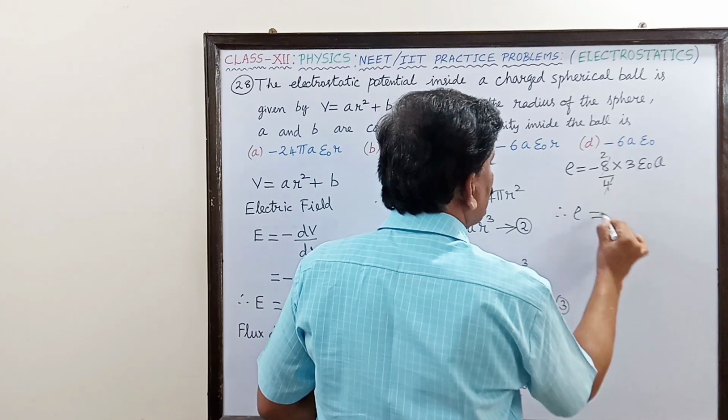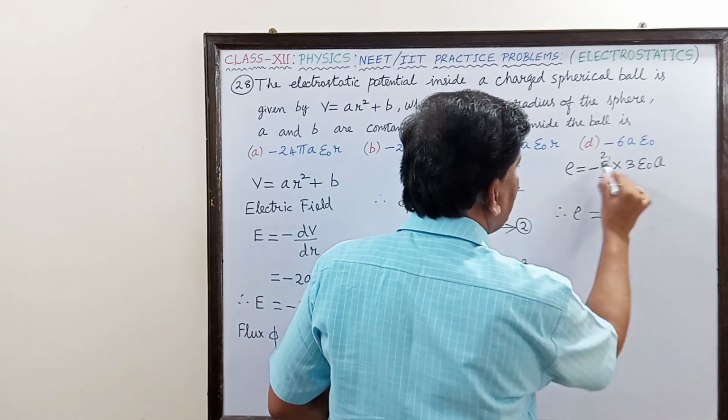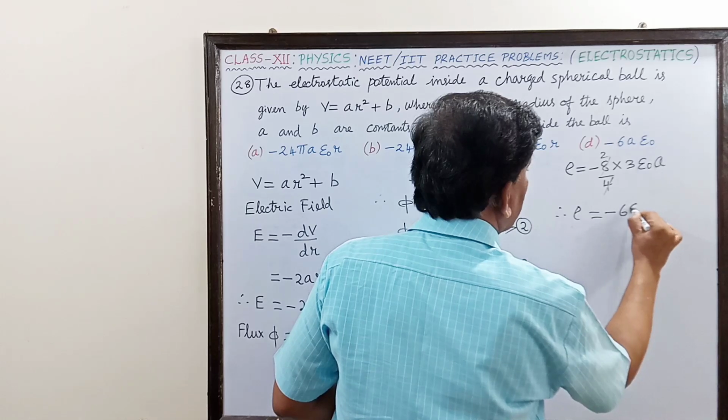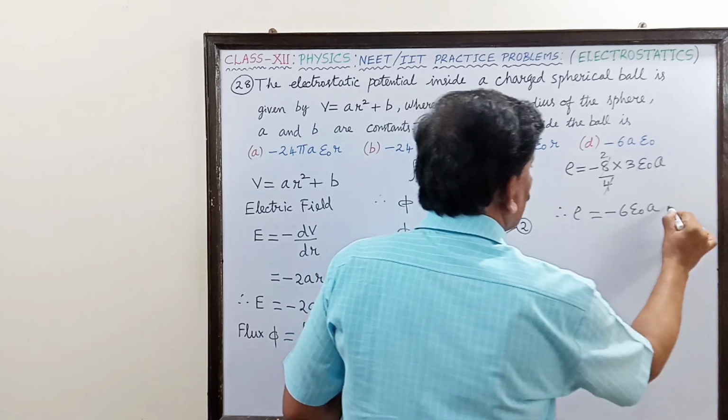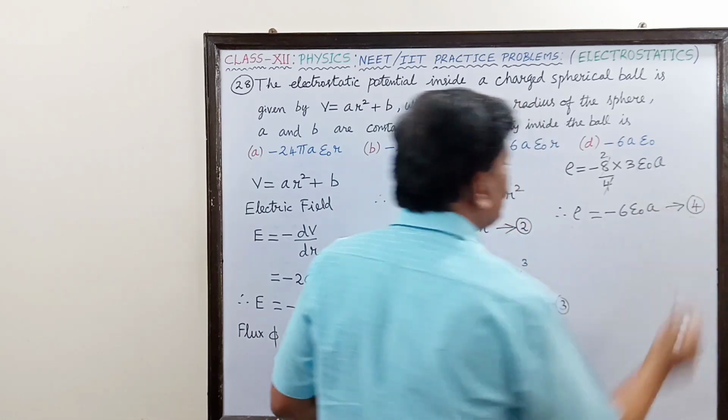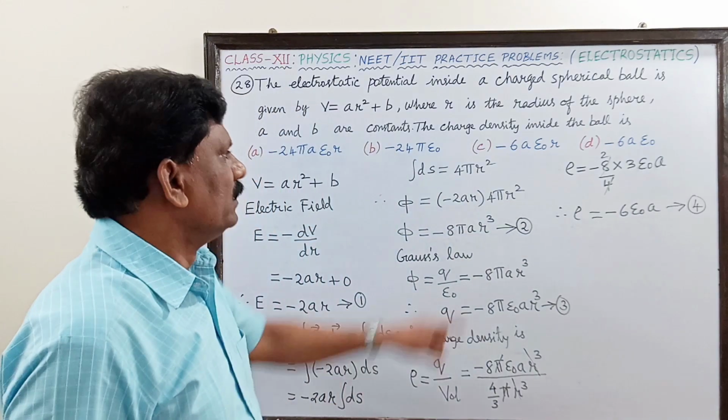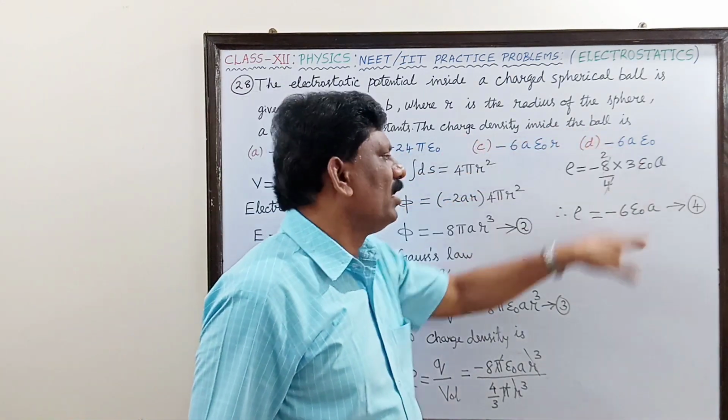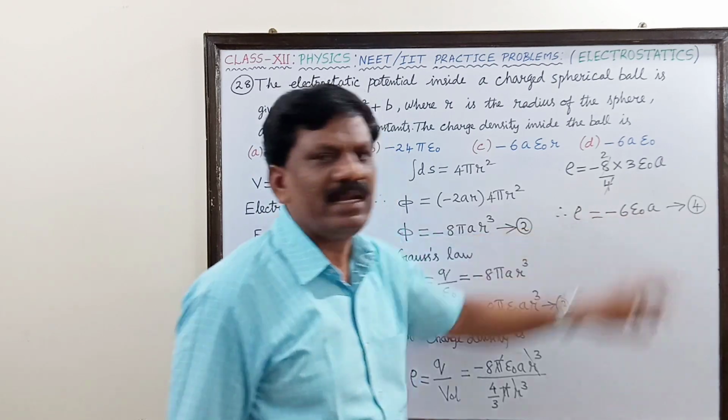Therefore, the volume charge density is equal to minus of 3 2s are 6 epsilon naught A. So this is our final step. This is the answer. So the charge density inside the ball is found to be minus 6 epsilon naught A.